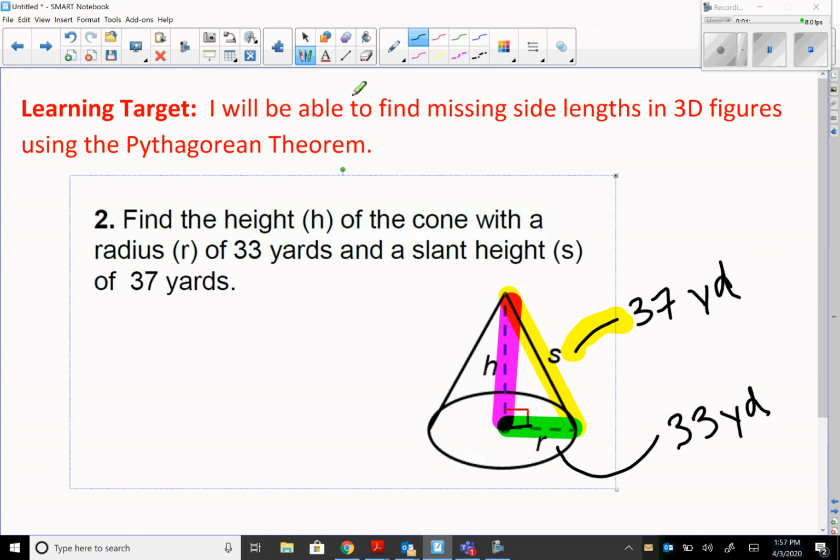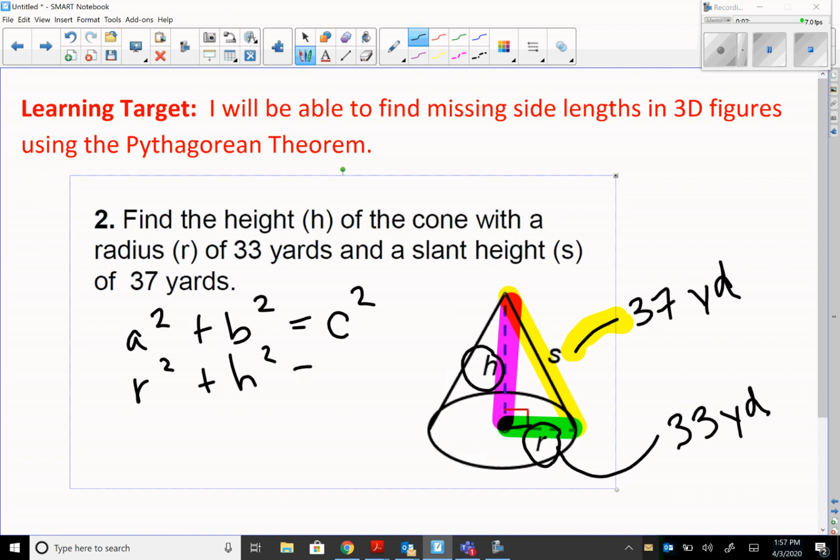So let's use the Pythagorean theorem. All right, so a squared plus b squared equals c squared. Again, we're given one of the legs, the radius, but we're not given the other leg. So another way that I could rewrite this equation is radius squared plus height squared equals slant height squared.